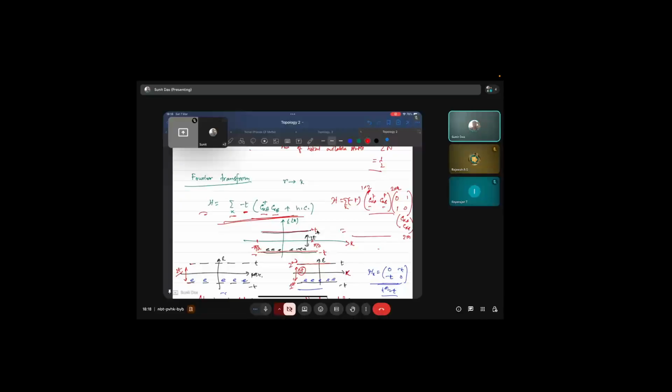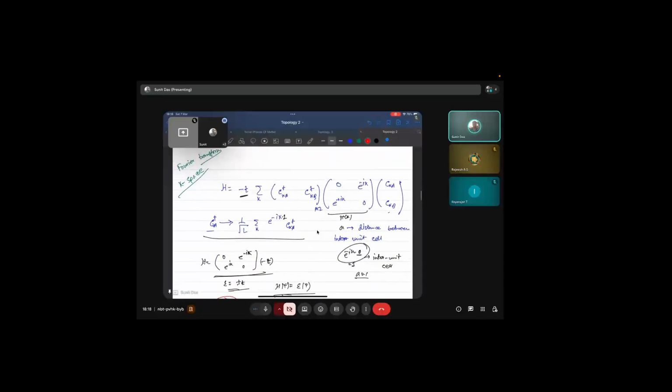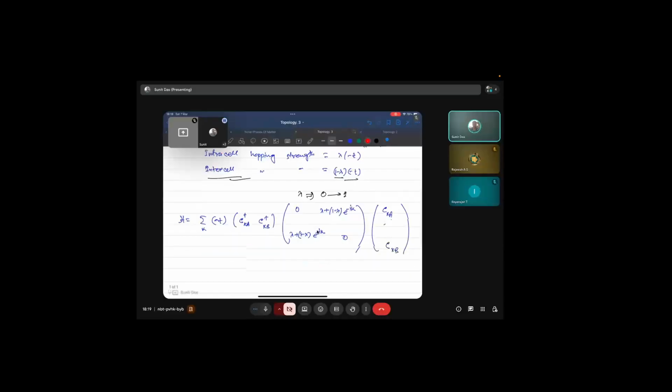Similarly, for case 2 we had an extra e to the power ik. For case 2 we have lambda equal to 0, so this part vanishes and there is one e to the power ik. So that way this is consistent.